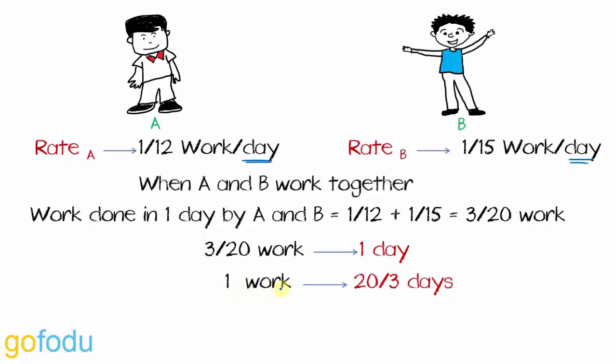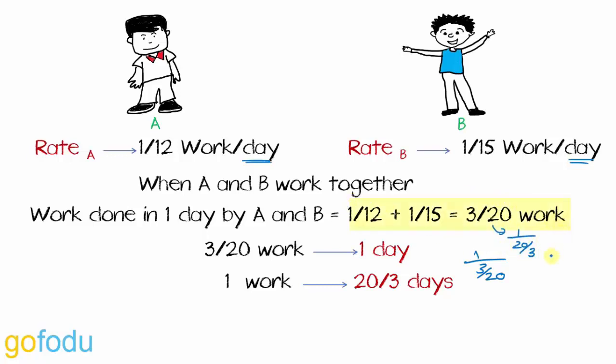Total work, that is one work, will be done in 1 upon 3 upon 20, that is 20 upon 3 days. So what we have got here could be remembered as a formula for such simple straightforward questions. This 20 upon 3 is what? It is the reciprocal of 3 upon 20. So I can write this 3 upon 20 as 1 upon 20 upon 3.